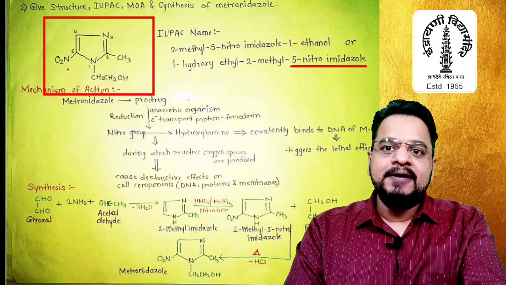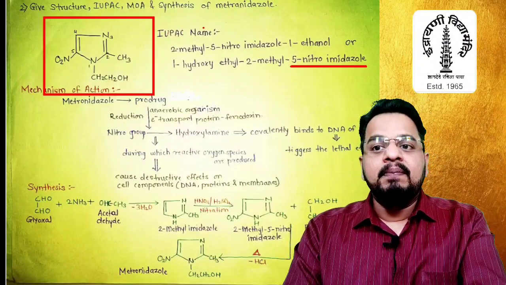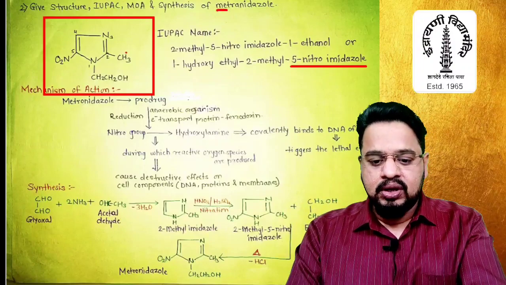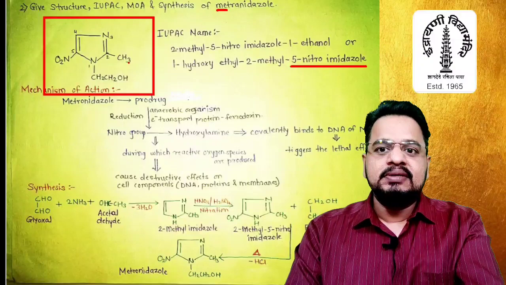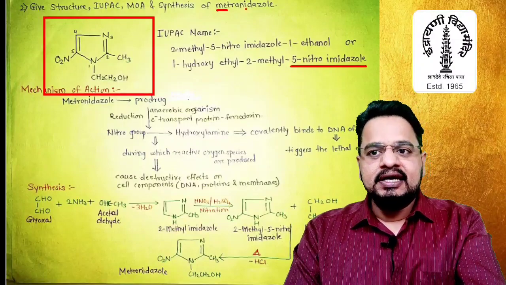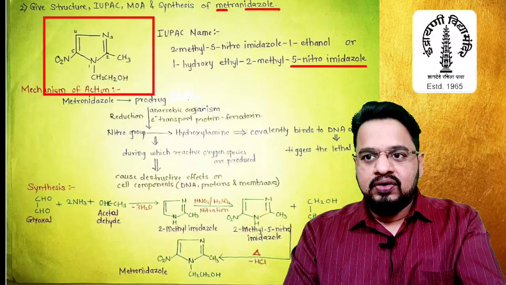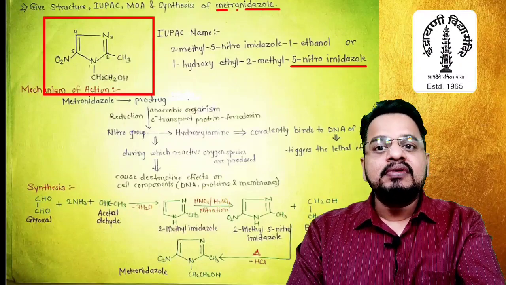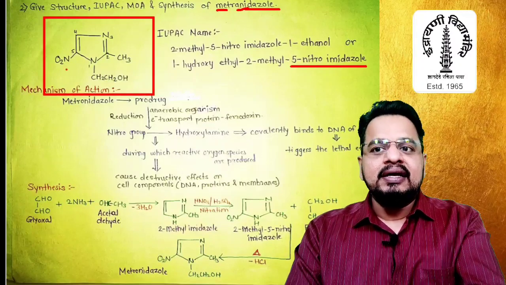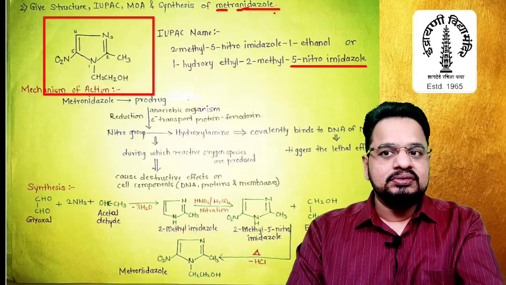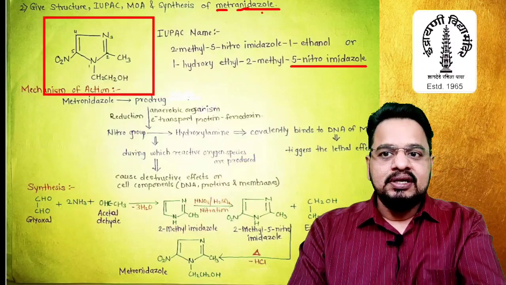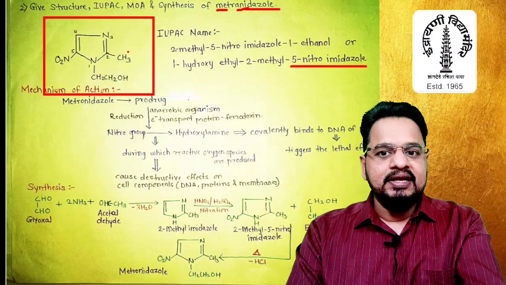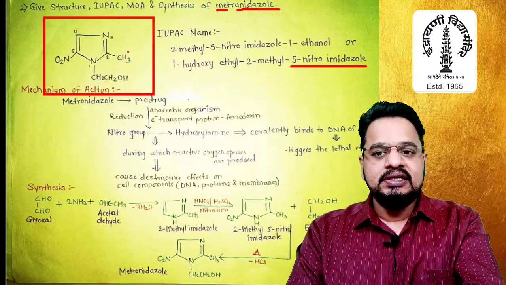This is nothing but your IUPAC name for metronidazole. Understand? Now in this name, Me is nothing but the methyl group which is present at the second position, right? And the dazole comes from imidazole. Understand? And ni is the nitro. So nidazole is 5-nitroimidazole. And Me refers to the methyl group which is present at the second position.